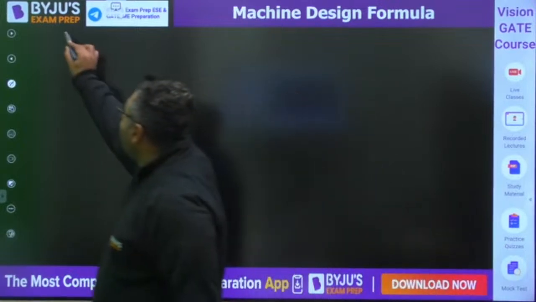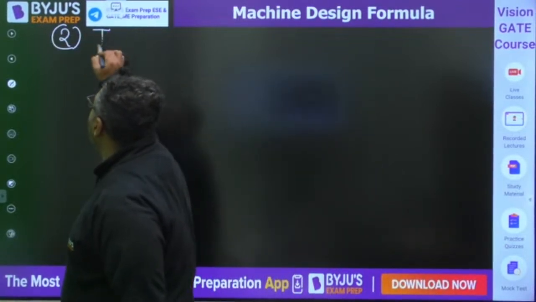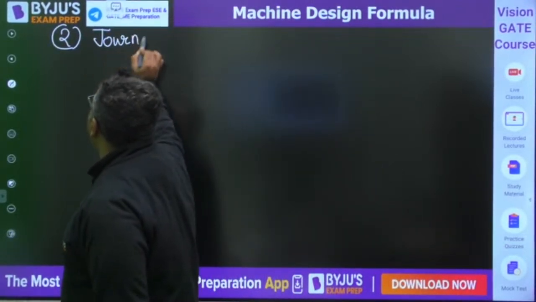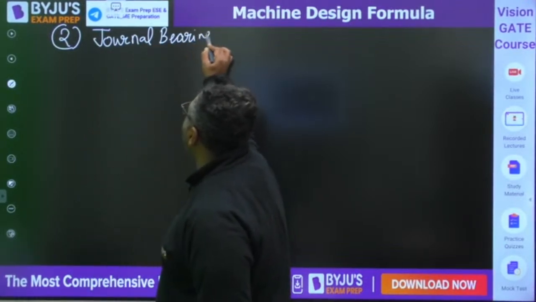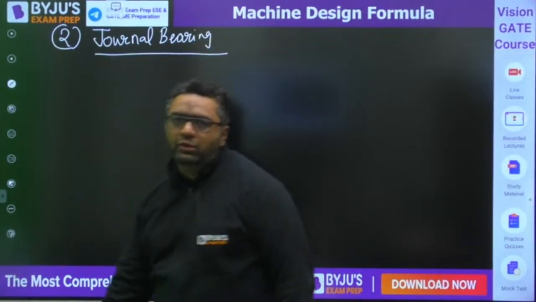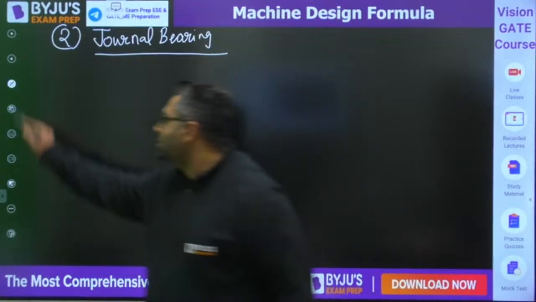Then we were having the second type of bearing as journal bearing. And in the journal bearing, we were having the first important formula related to bearing characteristic number.